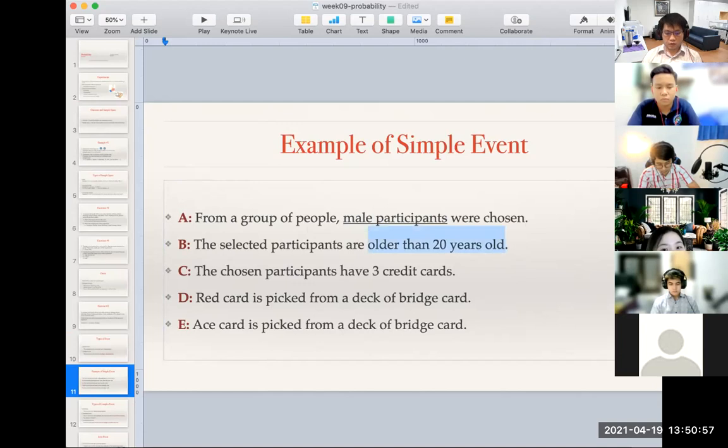So the keyword is this one. Another event, if the chosen participants have 3 credit cards. My question here for this kind of event: if a participant has, let's say, 5 credit cards, will he be selected?